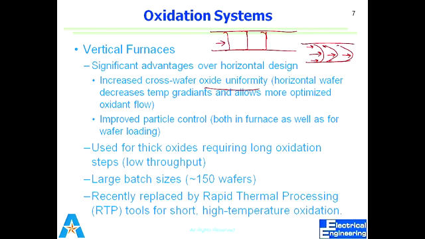And secondly, as I told you, these vertical furnaces have drawbacks as well. Low throughput was a drawback, and that has been compensated by processing large batches, so that you can compensate for that low throughput.